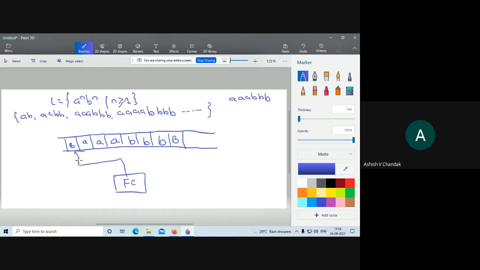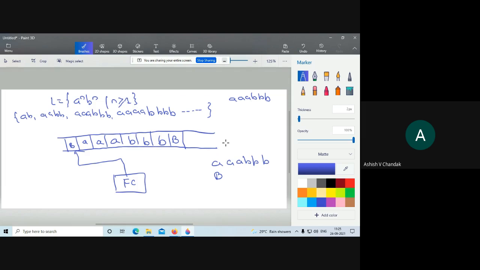The logic I will apply, let us say there is aaabbb: I will read the first symbol a, and replace it by B. Then I will go to the rightmost side, up to the rightmost b. For every a we have to find a corresponding b, right? How do we ensure that there is an equal number of a and b?